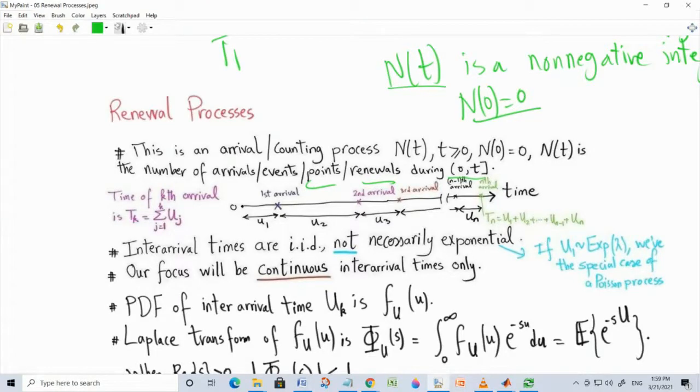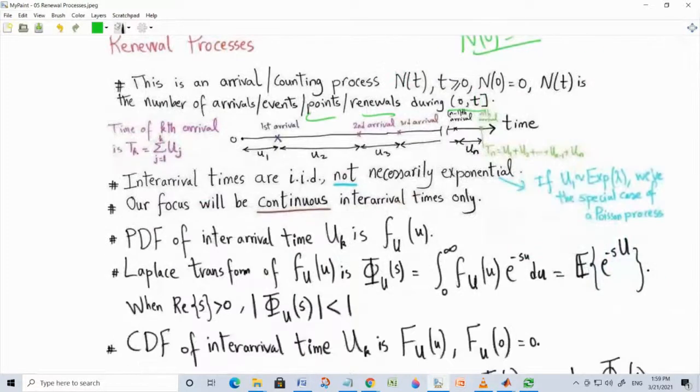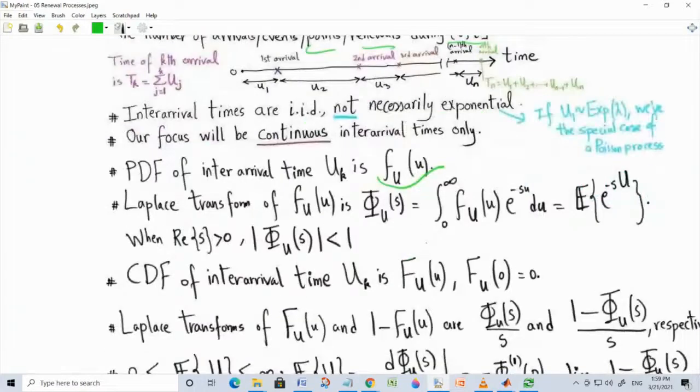Interarrival times are random variables, and we can choose any distribution for these. In our course, we will focus on the case in which the interarrival time is an absolutely continuous random variable. So it is characterized by a PDF given as small f sub U, and it is a PDF for a non-negative random variable.